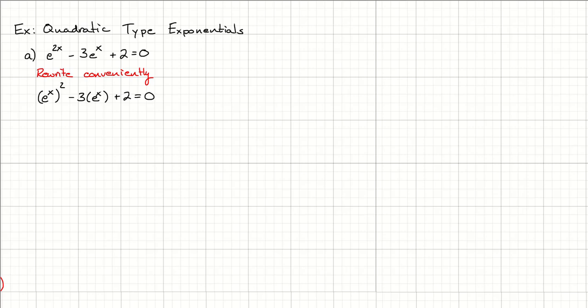I'm now going to use a little bit of convenient notation that normally when I write these, I do not write this down. However, it's helpful, especially the first time you're seeing these. Just for a moment, here's what I would suggest we do. If we let some u value equal e to the x, and all this is a placeholder, but if we do this, we get the following.